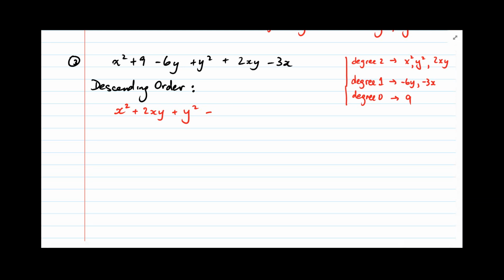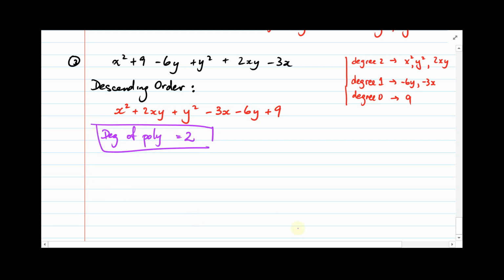We put them in alphabetical order, so x comes before y, or lexicographic order. I'd find x in the dictionary before I find y, and this is how I would order them. The overall degree of this polynomial is just 2.